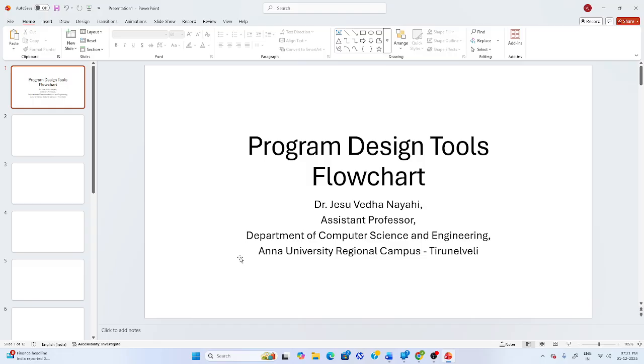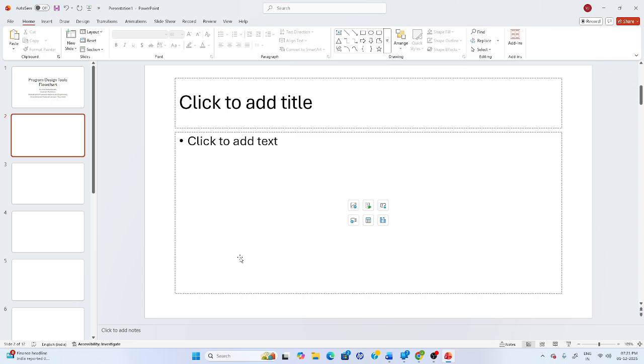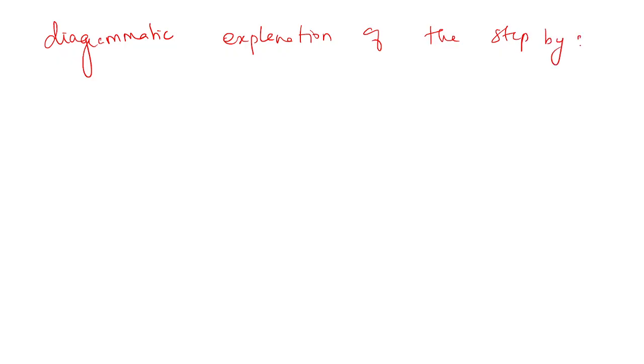and we call that a program design tool. Flowchart is a diagrammatic representation of an algorithm. Very simply, flowchart is a diagrammatic representation of the step-by-step procedure to solve the problem.